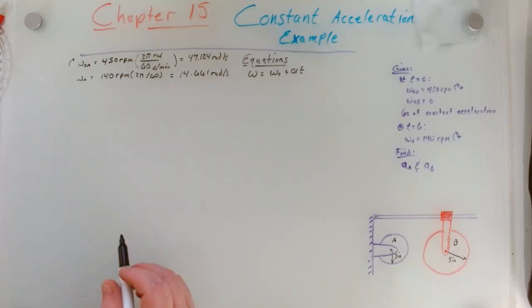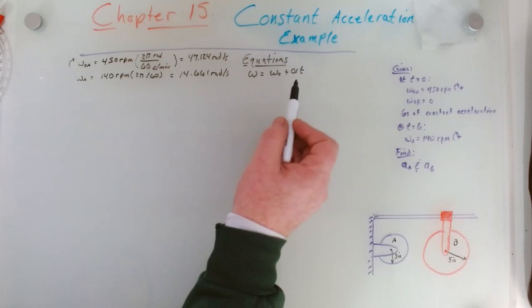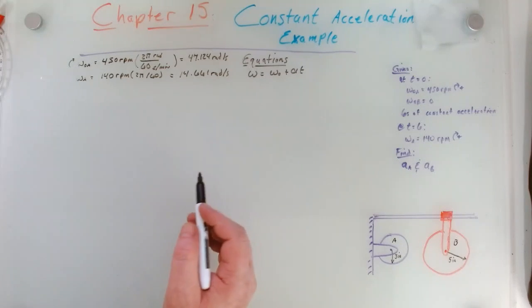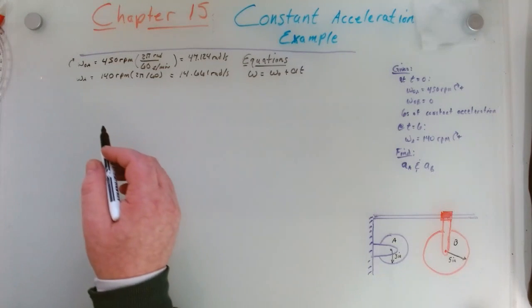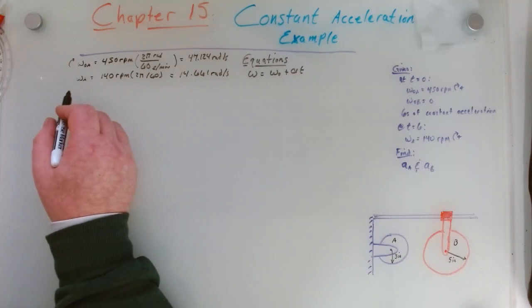So we have omega naught, we have omega, all we need is alpha, so we should be able to get that one done pretty quick, right?